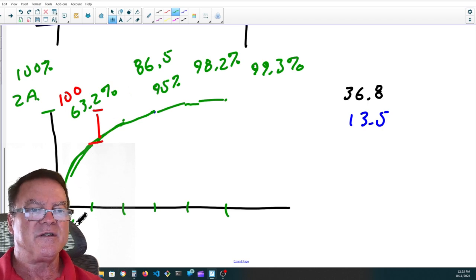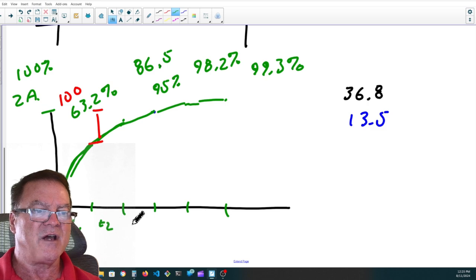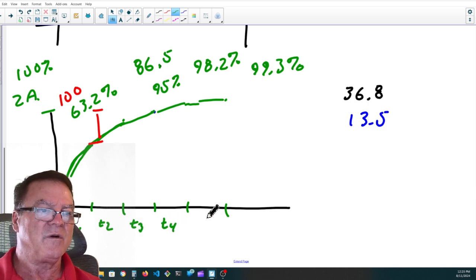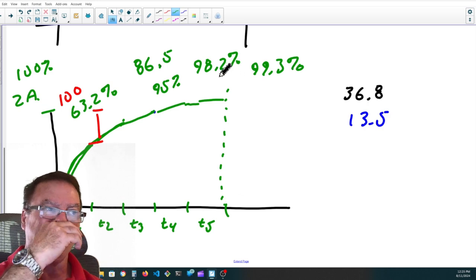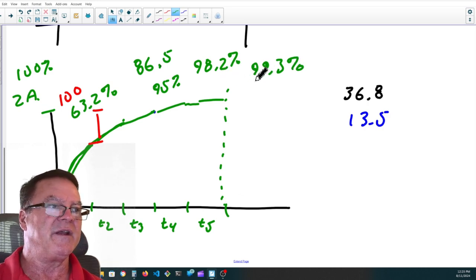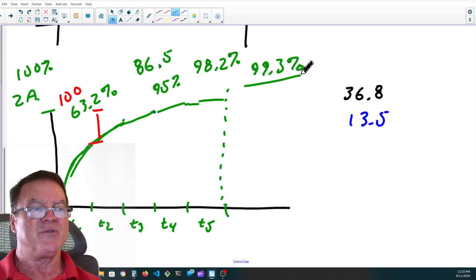So here's time constant 1, time constant 2, time constant 3, time constant 4, and time constant 5. 5 time constants will get us to what we call 100%. It's not, it's 99.3%.